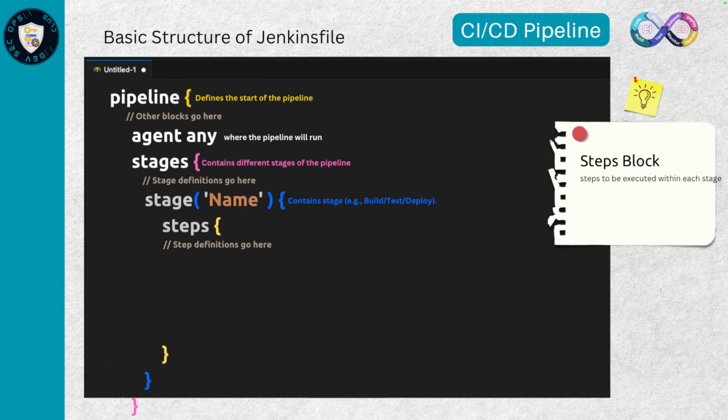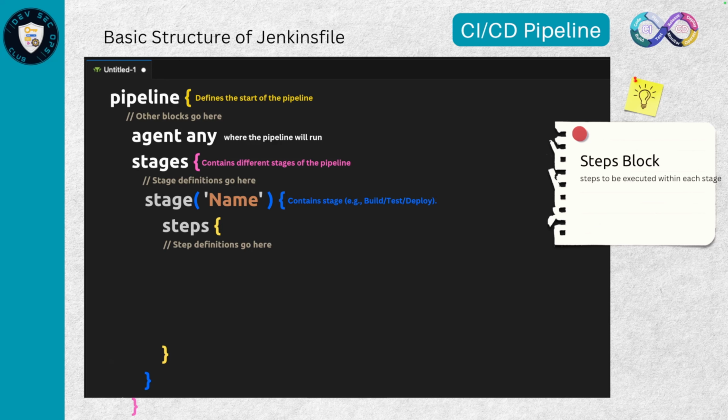So for example, let's say you want to check a Maven version, or you want to check where my pipeline is getting executed, so you want to execute a shell command. You can write in steps an sh block, and inside that you can write your shell command, or inside that if you want to execute any Maven related command, like build or something.